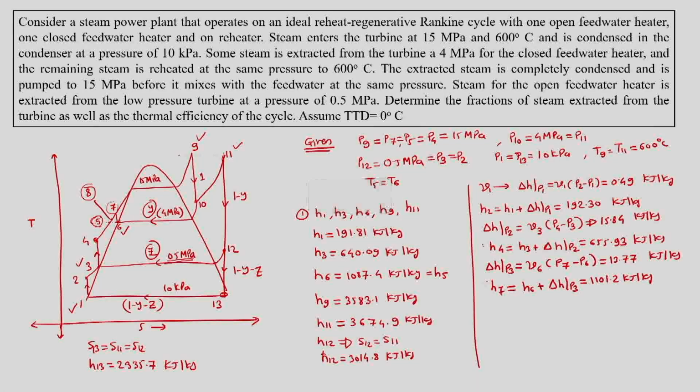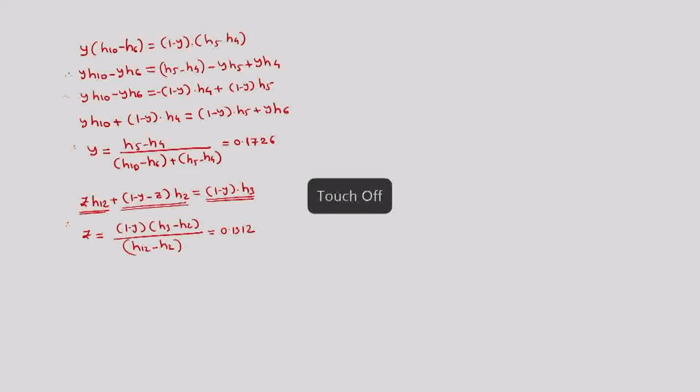So, we know Y amount of mass at 7 is mixed with 1 minus Y amount of mass at 5 to give H8. So, Y amount of mass at 7 plus 1 minus Y amount of mass at 5 gives us H8.